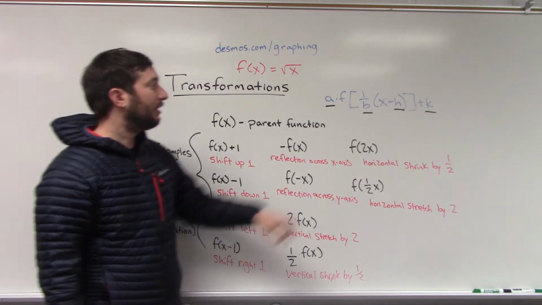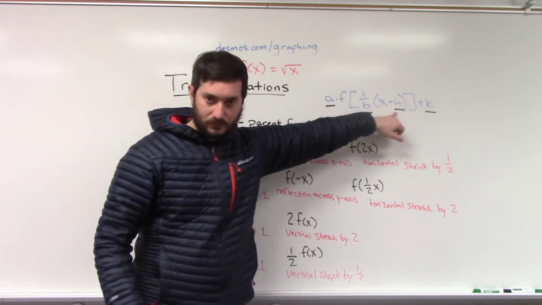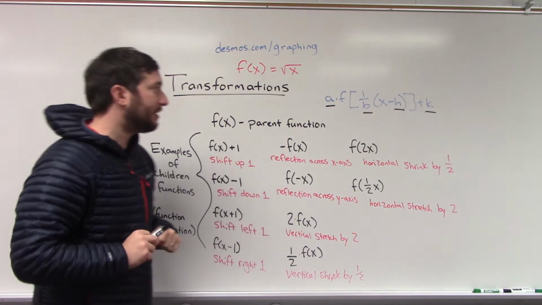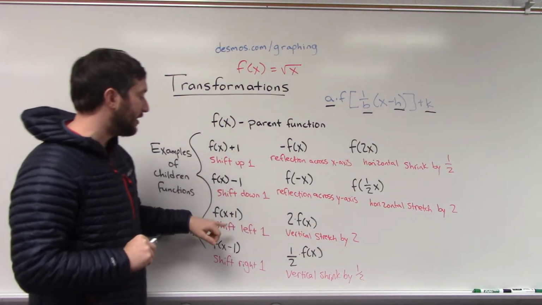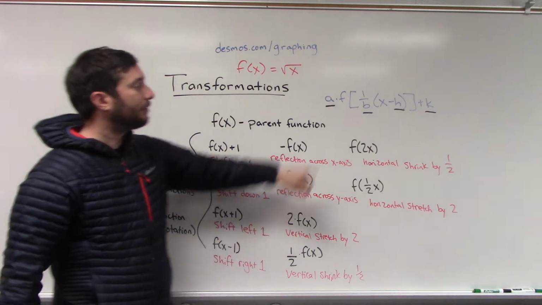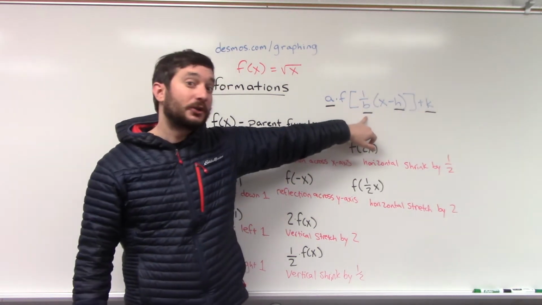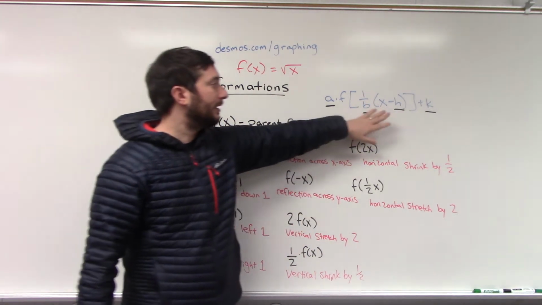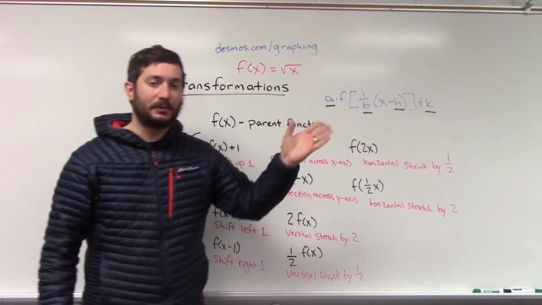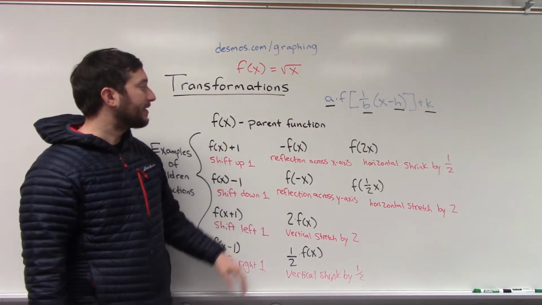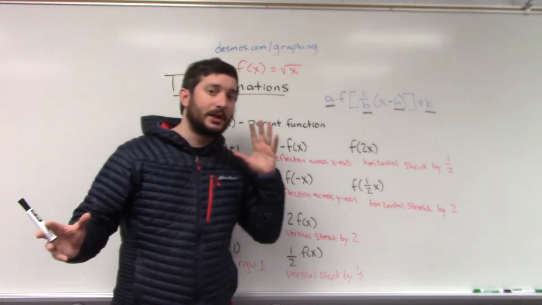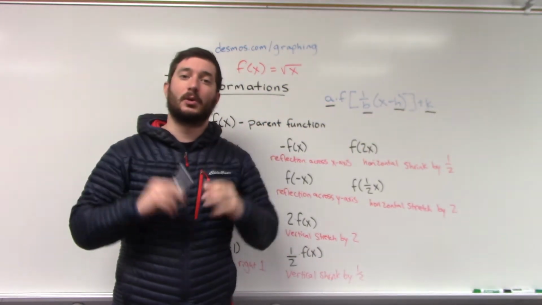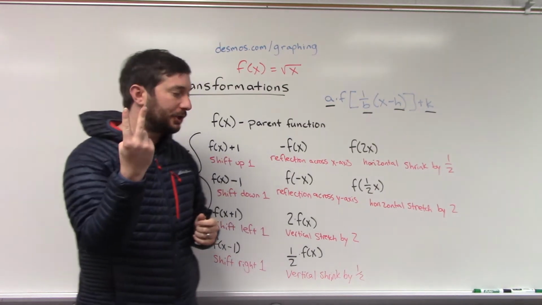If we change H, right, on the inside of parentheses, always wrapped in its own parentheses, we're moving left or right. If we change B, okay, we're multiplying inside brackets, but again, that's separate from anything that moved left or right. That's going to be a horizontal either stretch or shrink, or it might be a reflection.